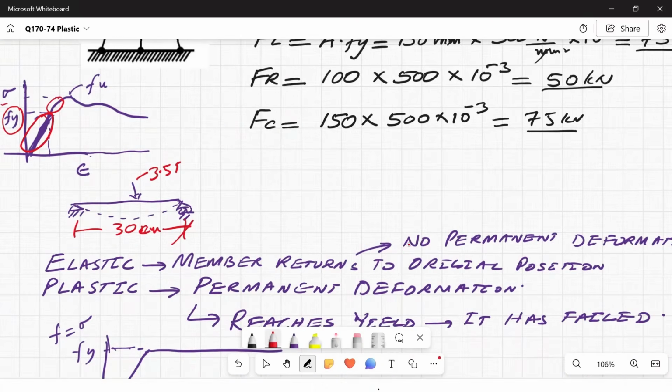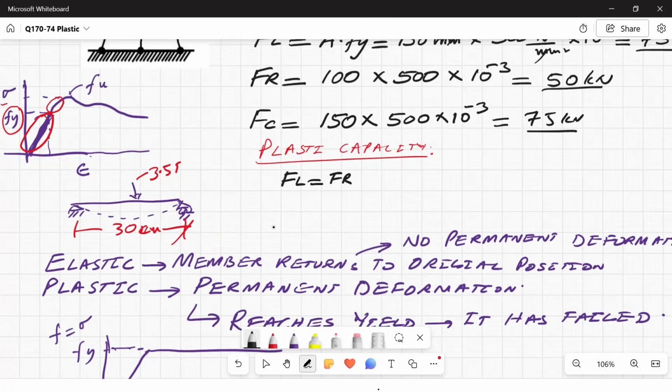So if I say plastic capacity, then FL should be equal to FR, and FL is equal to 75 kilonewton and FR is equal to 50 kilonewton. But this 50 kilonewton will control.